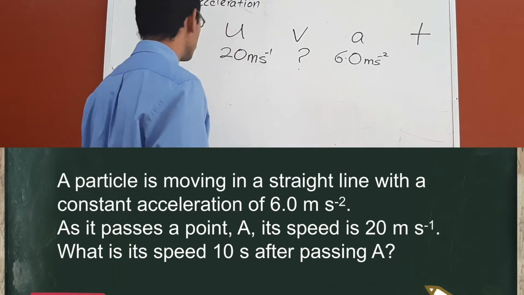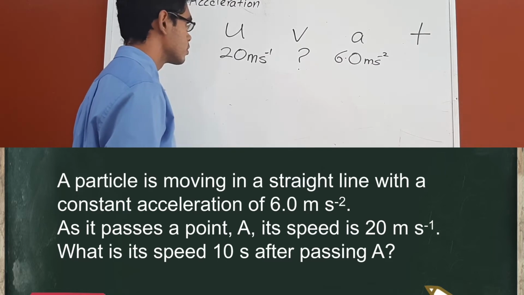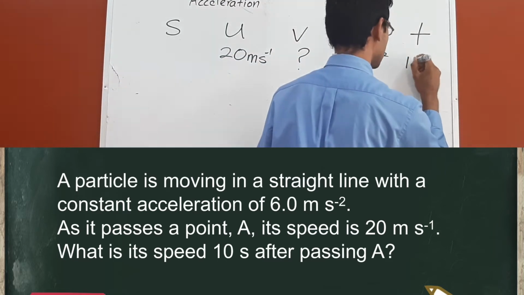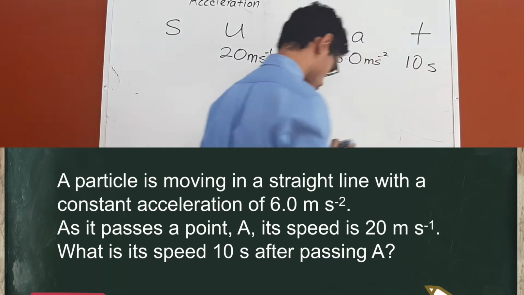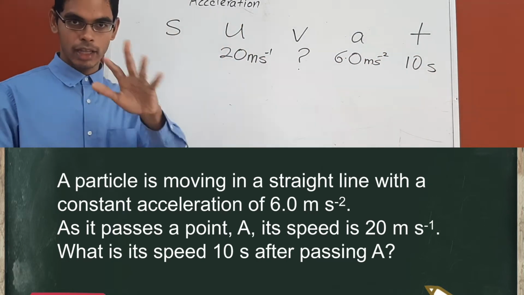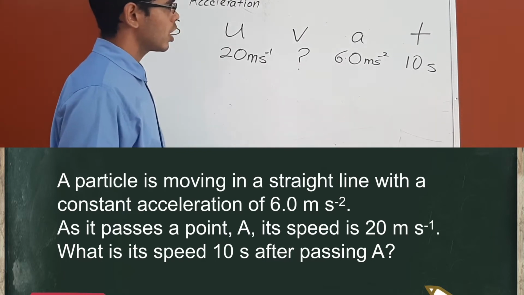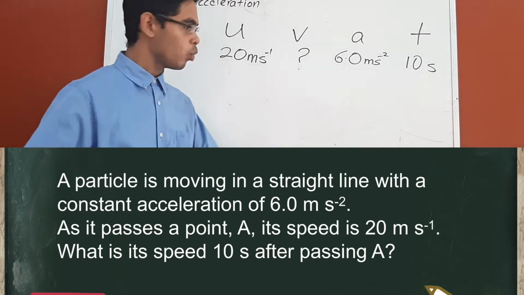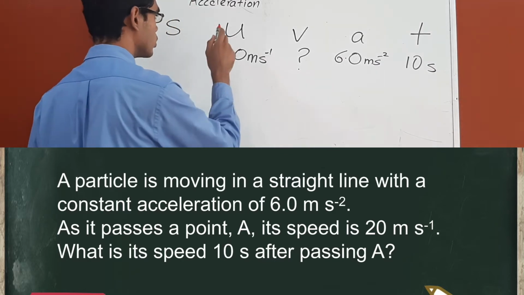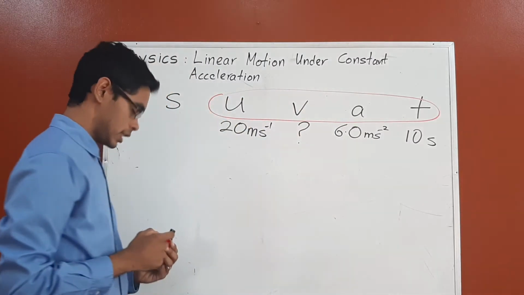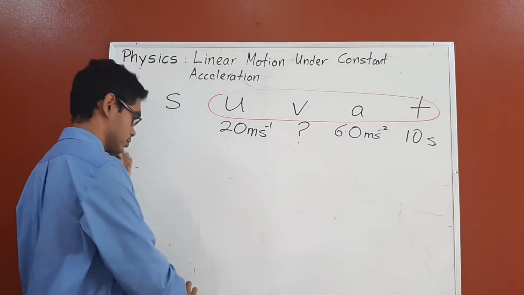Do we have time? If you said time, that's correct. So we have 10 seconds. And the task here, and the 5 equations will now come back up, you have to identify what equation has these 4 things in it.